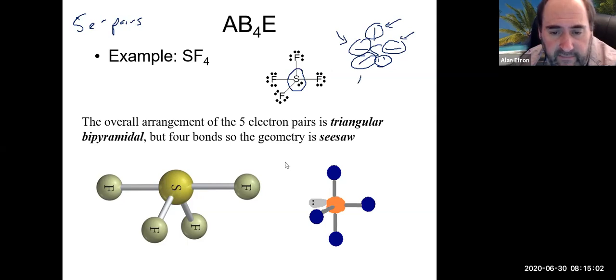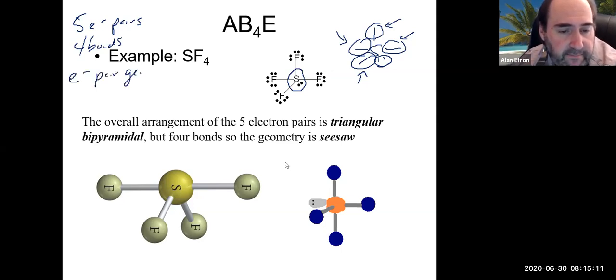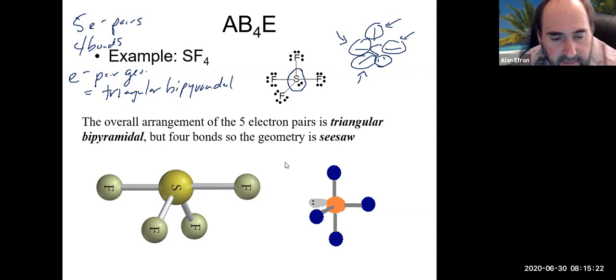So now we get this 4th bond in there. And again, the 5 electron pairs in terms of our electron pair geometry is going to be triangular bipyramidal. But again, with that 4th bond, these bonding guys are going to try to spread out. It's going to allow these other bonding guys to also spread out. And it actually gives a molecular geometry known as seesaw. Kind of like a seesaw, right? It kind of looks like one.